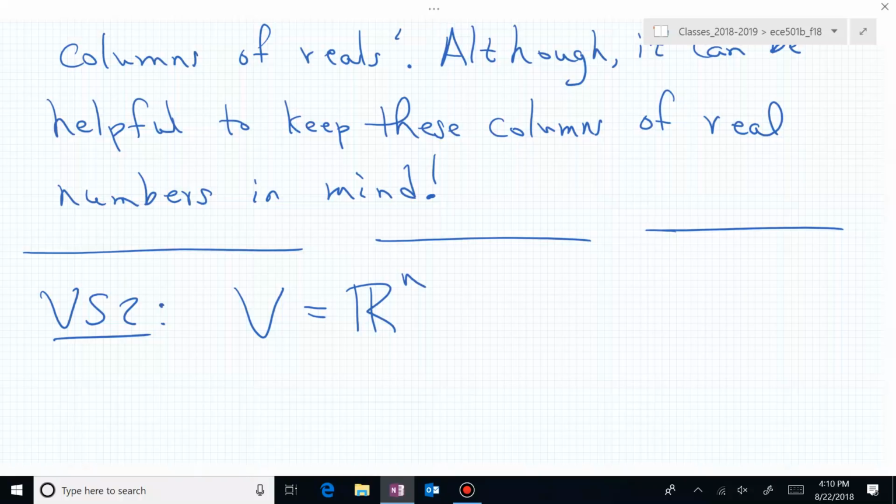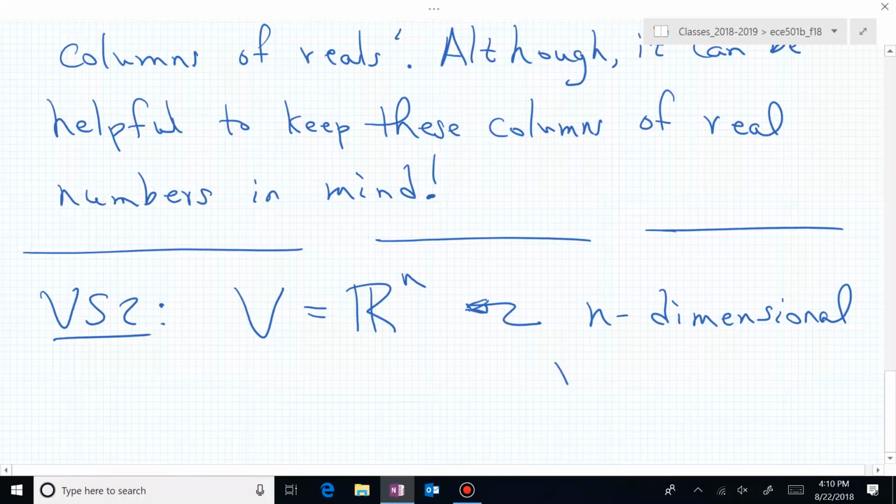V is equal to R to the n, where R to the n is some n-dimensional vector, and each of the coordinates in that vector are real numbers. So an n-dimensional vector with elements in R.